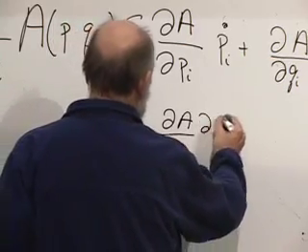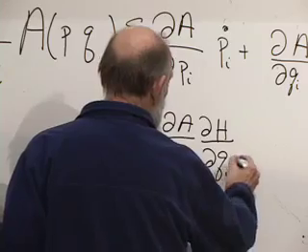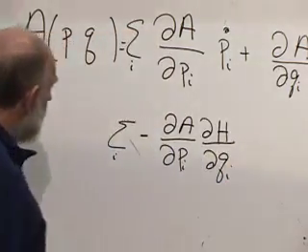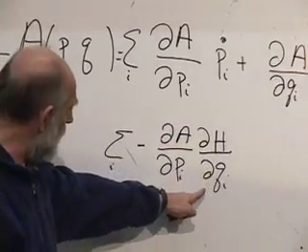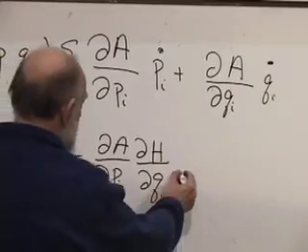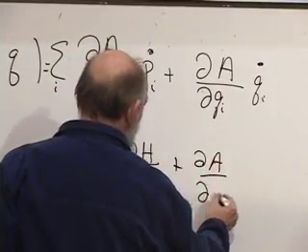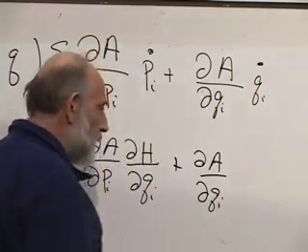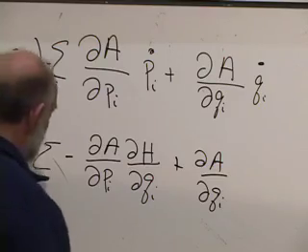Minus dH/dQ_i. So we have dA/dP_i, dH/dQ_i. Now what's this one? This is plus dA/dQ_i, and Q dot, that's dH/dP, right?